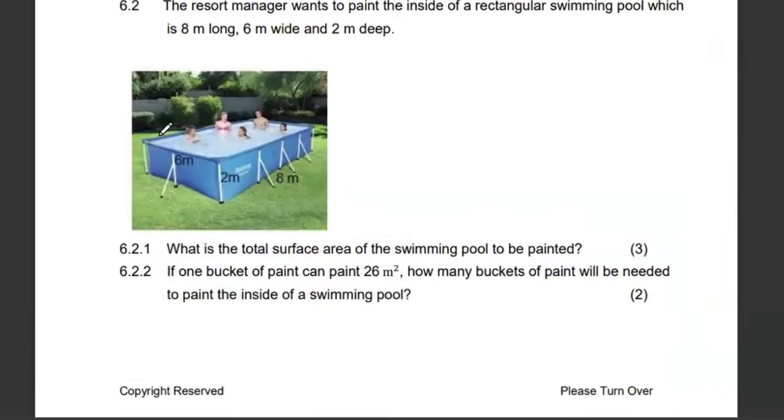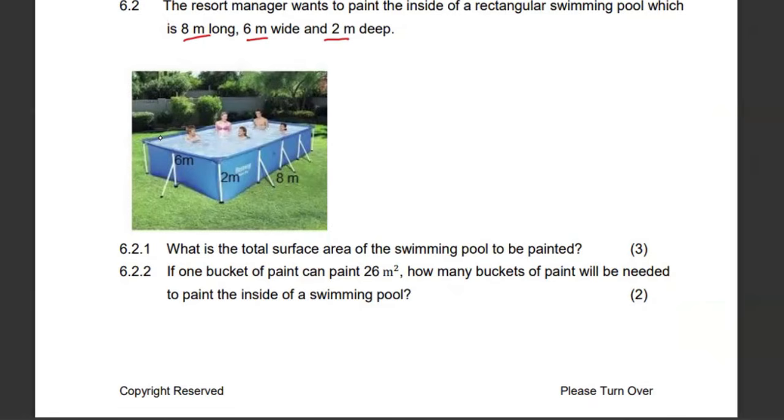Then 6.2, they're telling us that the resort manager wants to paint the inside of a rectangular swimming pool, which is 8 meters long, 6 meters wide, and then 2 meters deep. What is the total surface area of the swimming pool to be painted? So, okay, they're going to paint even the bottom, right?